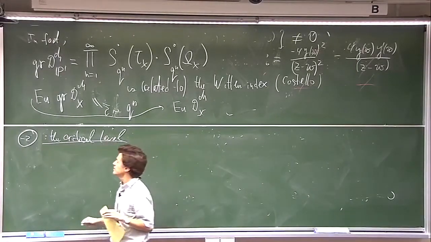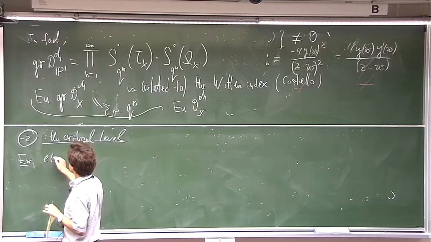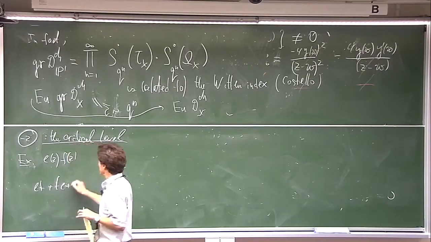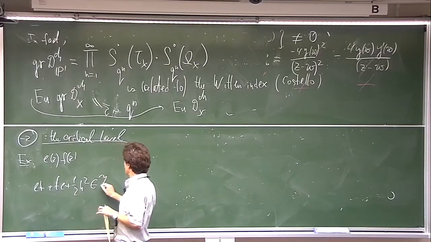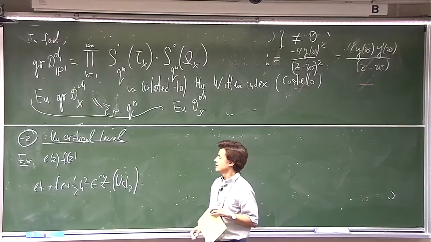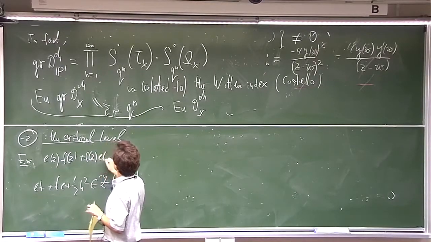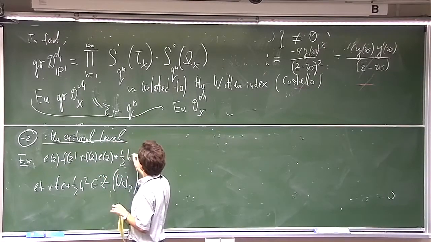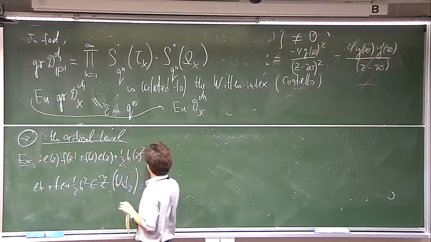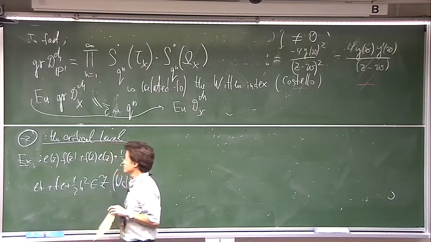And again, a hands-on exercise here for the students would be, remember, EF plus FE plus half of H squared was central. If you go over to the fields, you have to do the normal ordering. This may cause trouble.